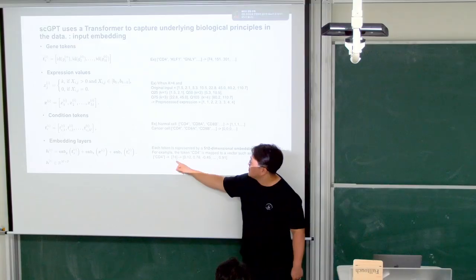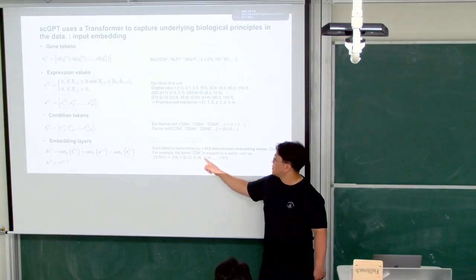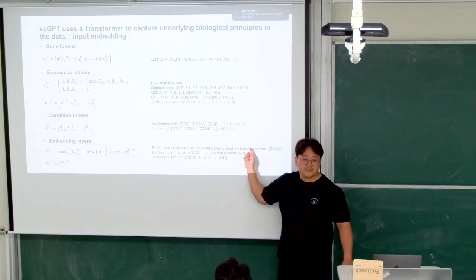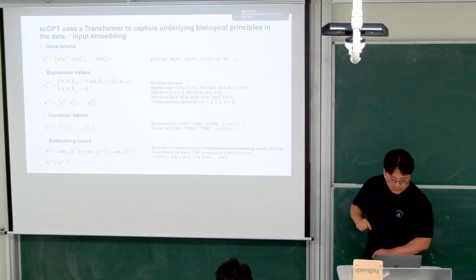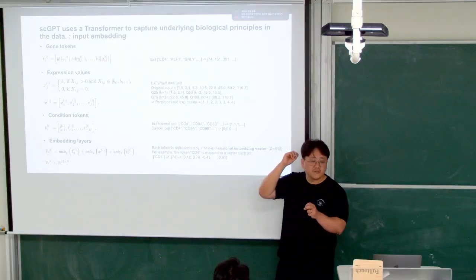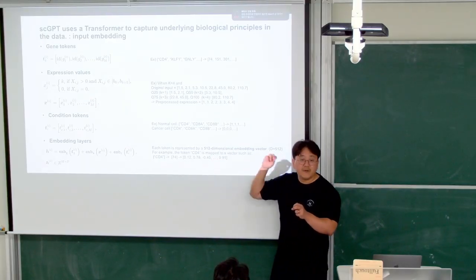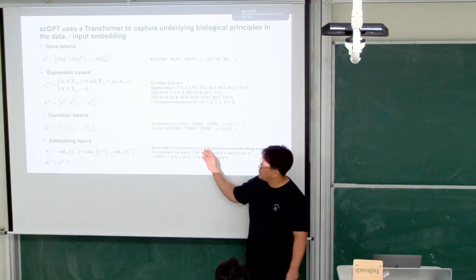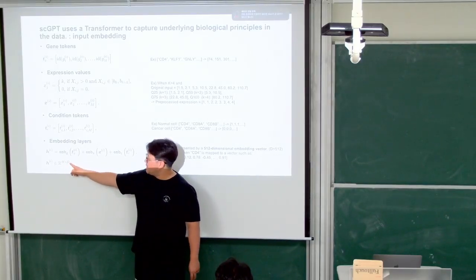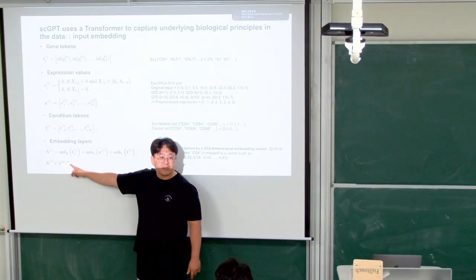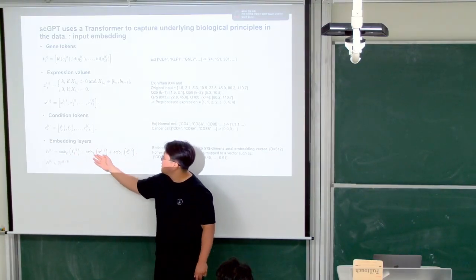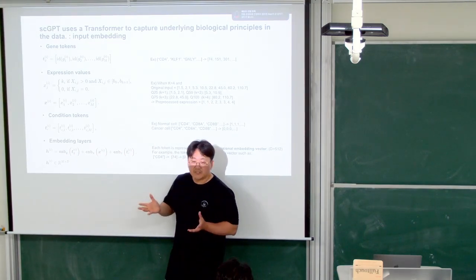Using the embedding layer, this 74 is converted into a vector with 512 dimensions. That means we have m genes, and each gets an additional 512 dimensions. So finally, we will get this m by d matrix, where d is the 512 dimension, after combining every embedding tensor.